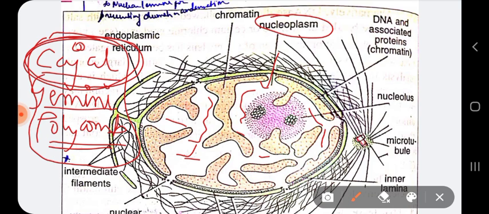And for mRNA processing, we need the spliceosome complex to remove the introns from the exons to make a mature mRNA.